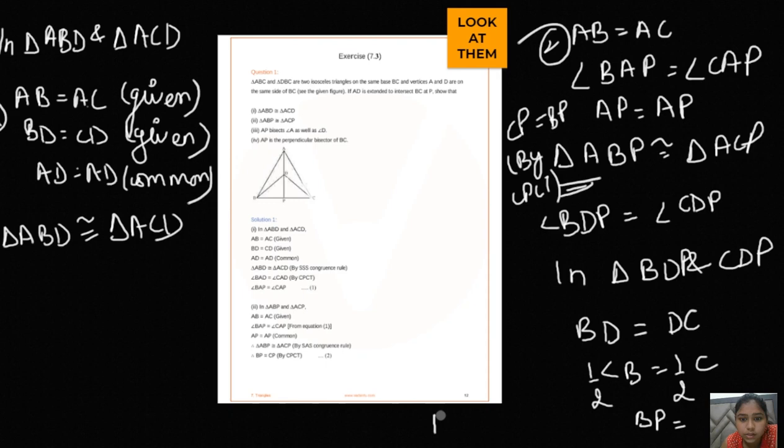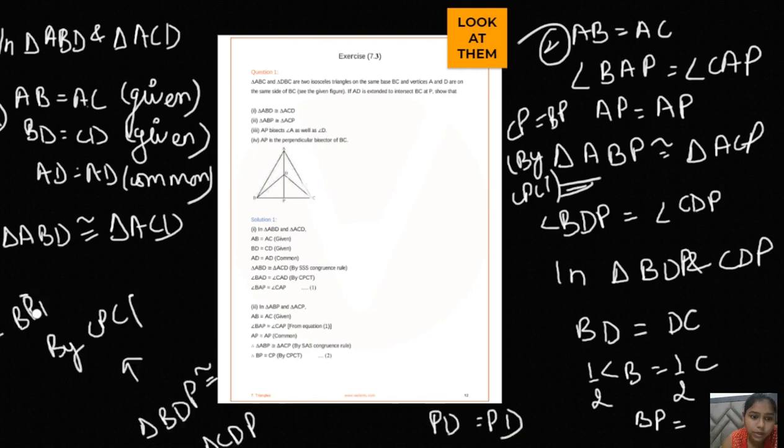So by this, triangle BDP is congruent to triangle CDP. So by CPCT, angle BDP is equal to angle CDP. Okay, this is the whole question.